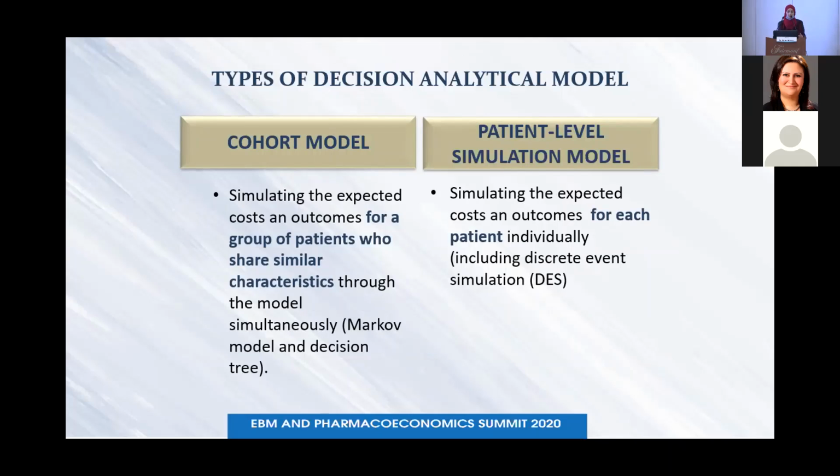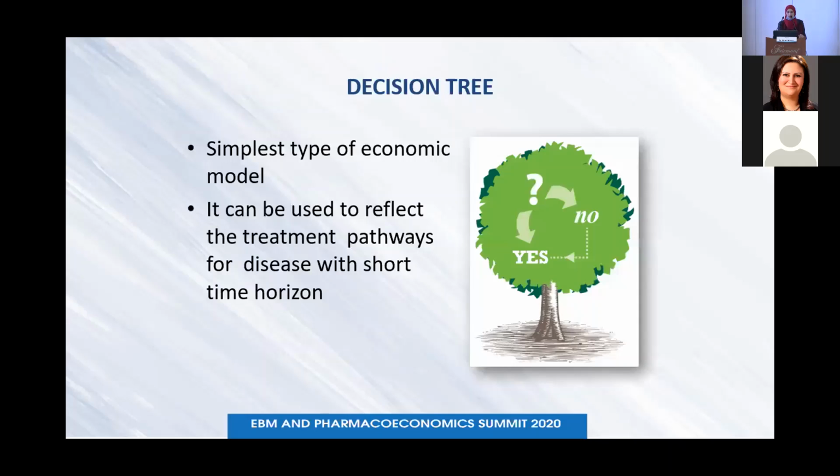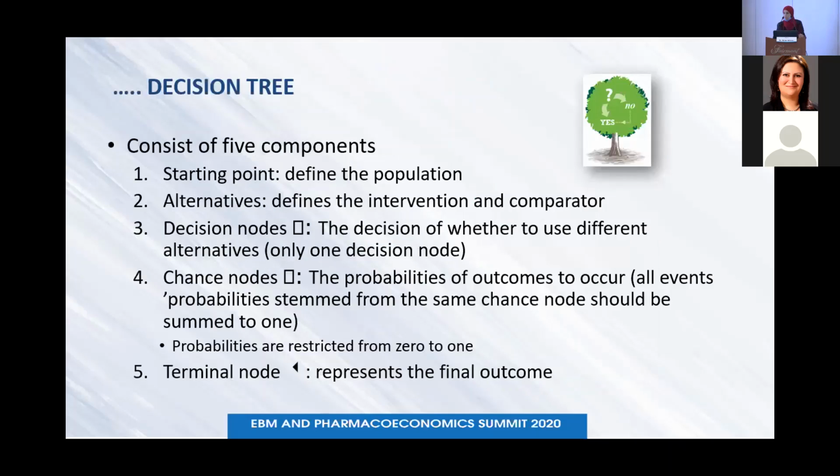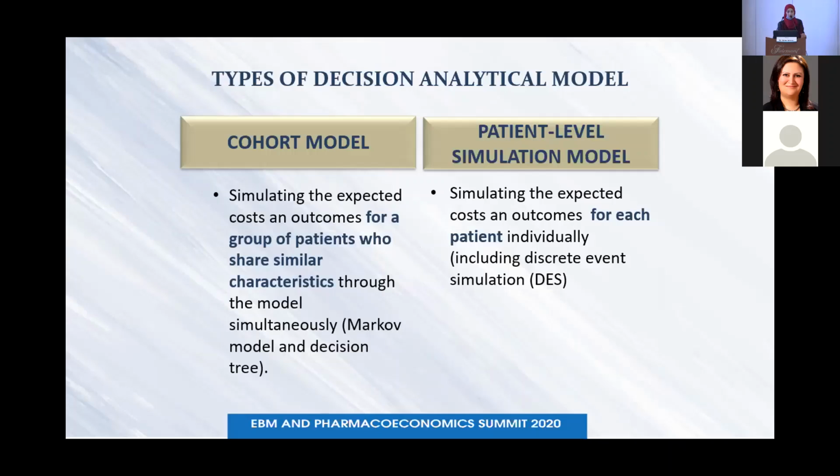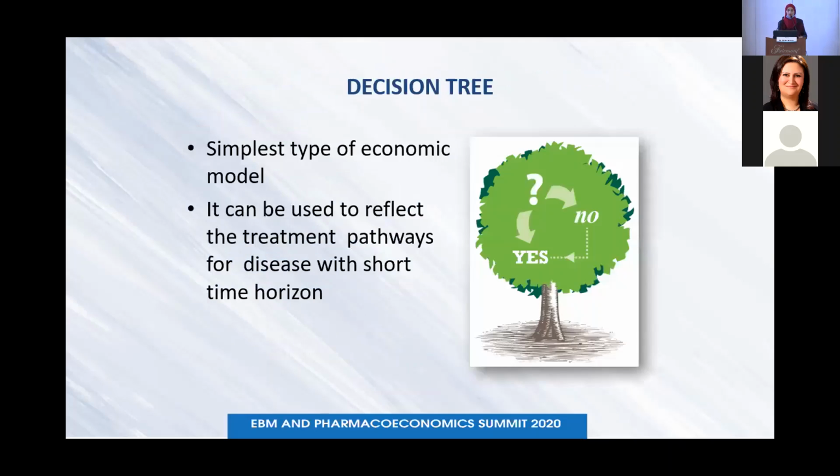However, the patient level simulation models simulate each patient separately or individually. They simulate the expected cost and outcome. The most common one we use is the DES. So today I will focus on the Markov model and the decision tree.